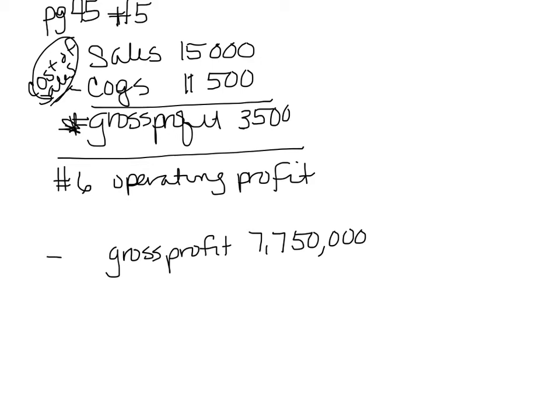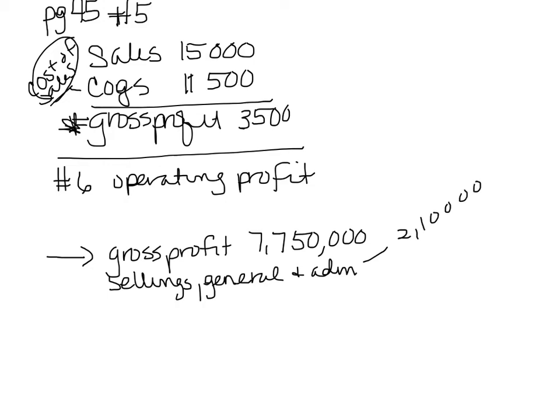So to get that, I would take the gross profit less what we would call selling, general, and administrative, and we would add those up. In our case here, it would only be the $2,100,000 for salaries, and the $1,500,000 for advertising.